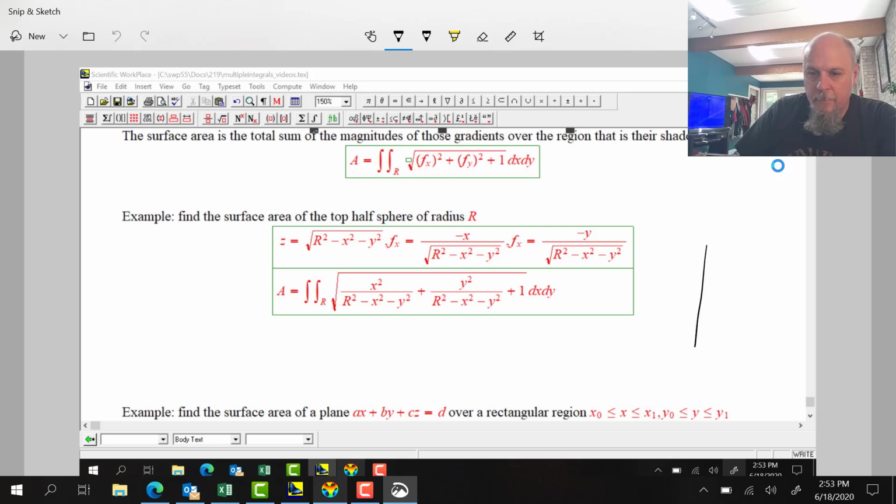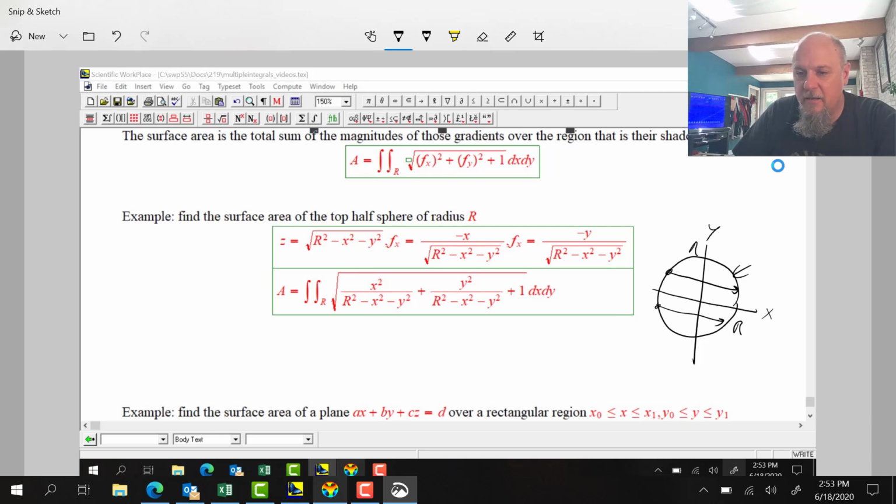We're talking about this region here, from minus R to R. So the top half of that curve goes curve to curve. x is going from, well, we're doing x first, through the shape, x is starting here and ending here.